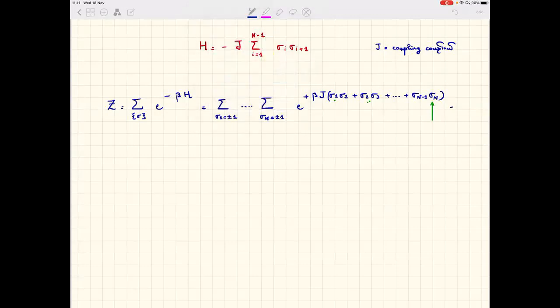Which means that in practice, I can perform the summation over sigma n explicitly.